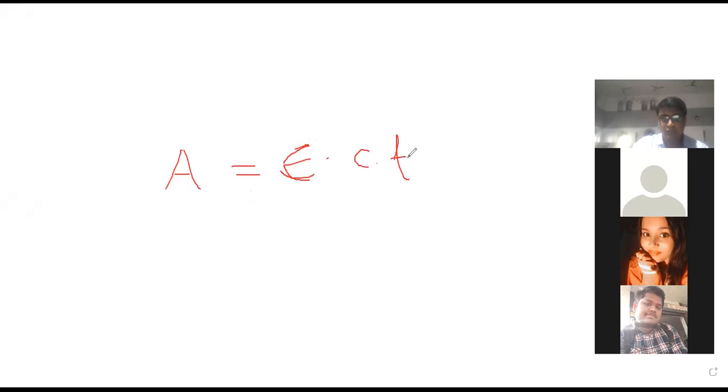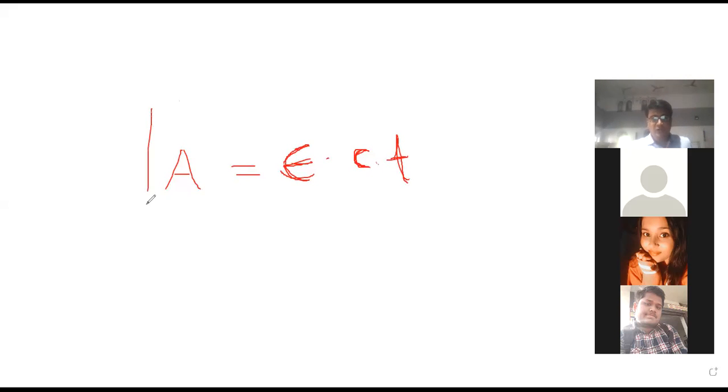So T is the thickness of the medium, C is the concentration of the solution, and epsilon is nothing but the molar extinction coefficient.